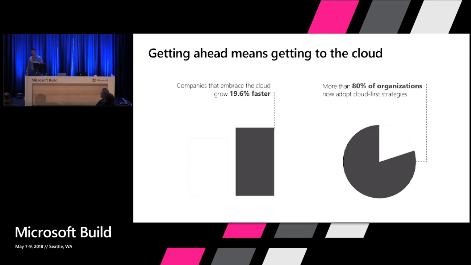So definitely an important part of that is digital transformation. And as a reaction, companies are building digital strategies that include several aspects, and one of these really important aspects is how to get to the cloud, because today being competitive, getting ahead really means getting to the cloud, and companies really tend to do that very fast.